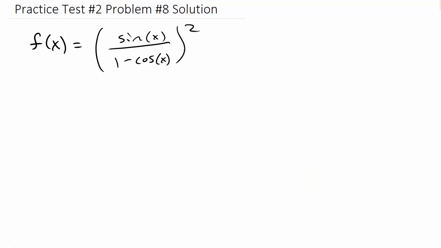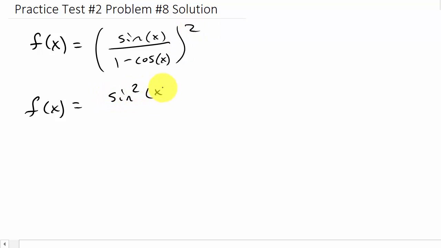So what I'm going to do is take f of x equal to, and here I can write this as sine squared x over 1 minus cosine x, all squared. Just raise the numerator and denominator to the second power, just square each of them.